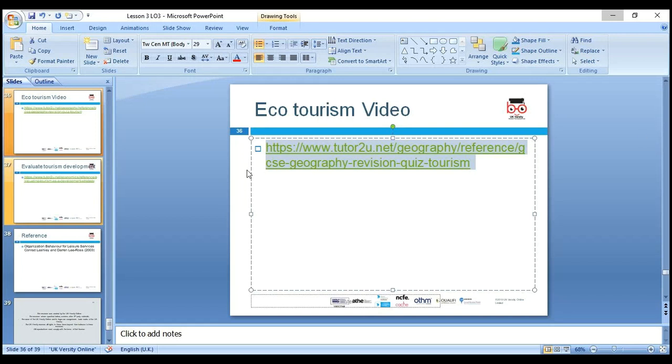You will see here eco tourism. That's a huge development area. So this is all about involving the local community, linkage with hospitals, links, insurance.